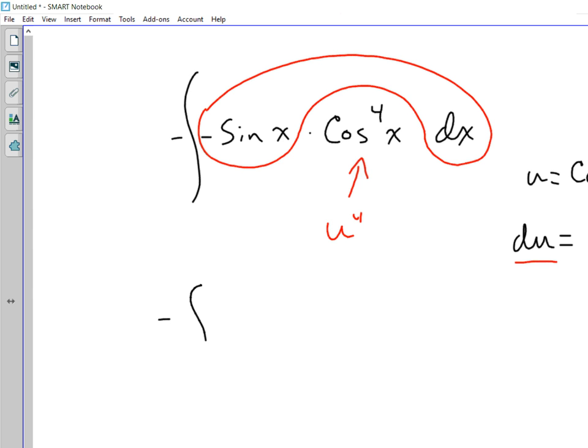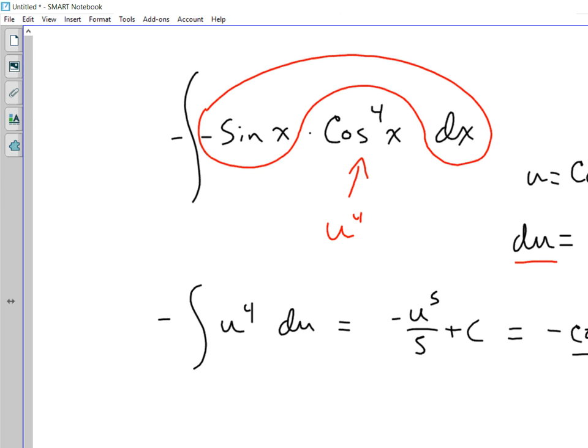Now I've got negative integral of u to the 4th du, so negative u to the 5th over 5 plus c, and I substitute the cosine back into it. I haven't really done anything any more difficult than the last example. So that's pretty straightforward.